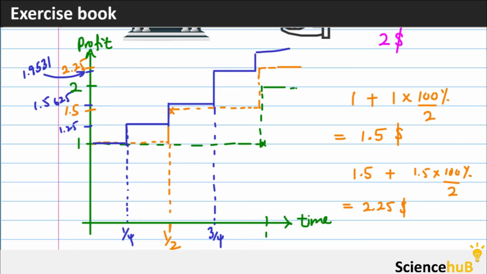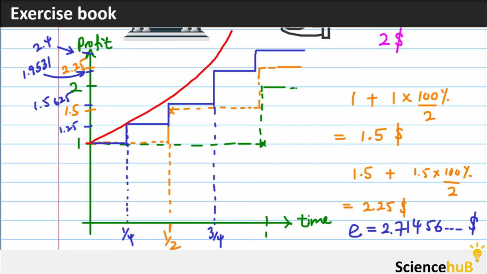Then at the end of the year, we will have $2.4. Now if we divide this into infinite segments, the value we are approaching is E, which is 2.71456. So at that point, the curve is like this.